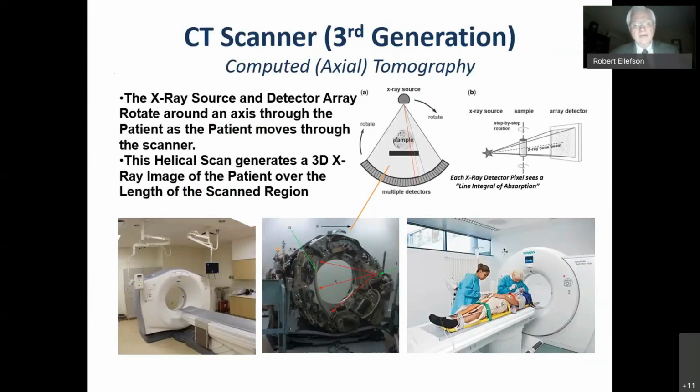Starting on the left, you actually have a table where the patient lays, and the hole in the donut is where the patient moves through as the X-rays are being measured. So you can see the patient strapped down, not because they don't want him to get away, but they really don't want him to move. That way you'd get a blurry X-ray.